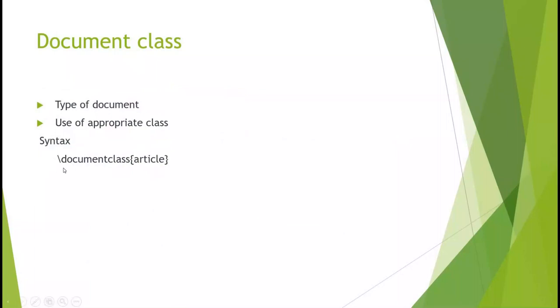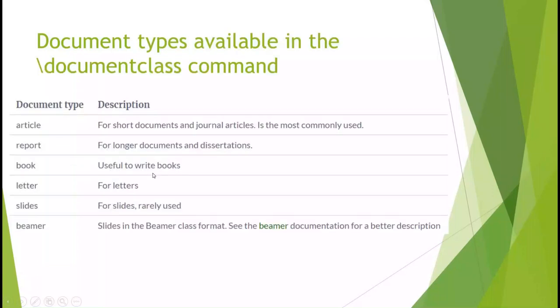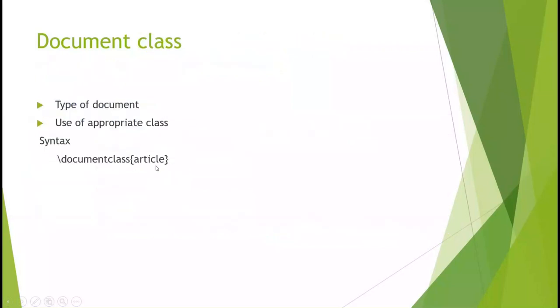So you write \documentclass, then the type of article. Like I've told: article, report, book, letter, slides, beamer. Here you have to mention what type of document class you want to make.